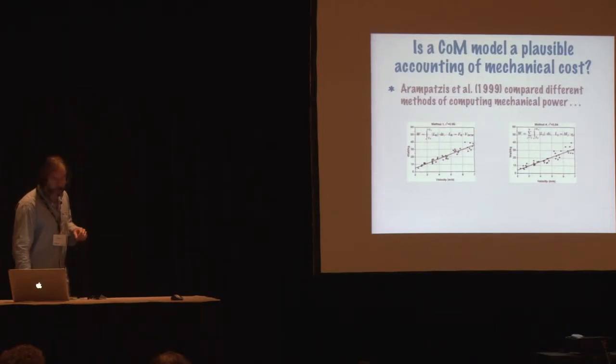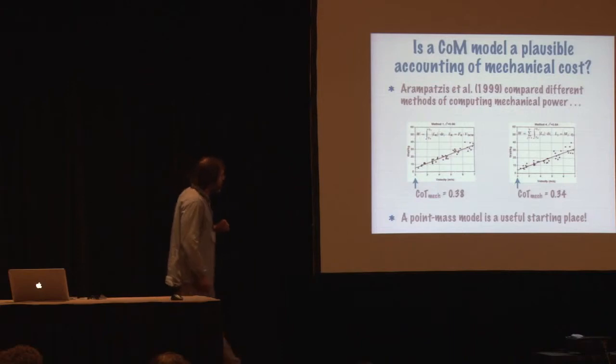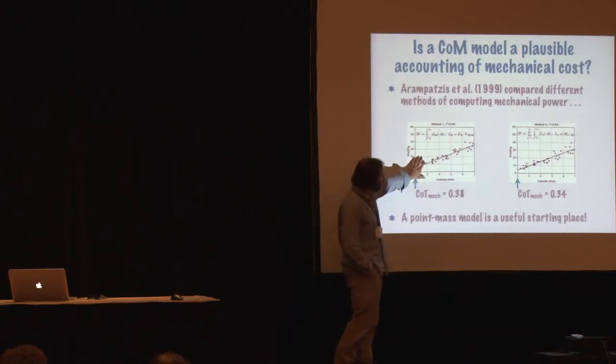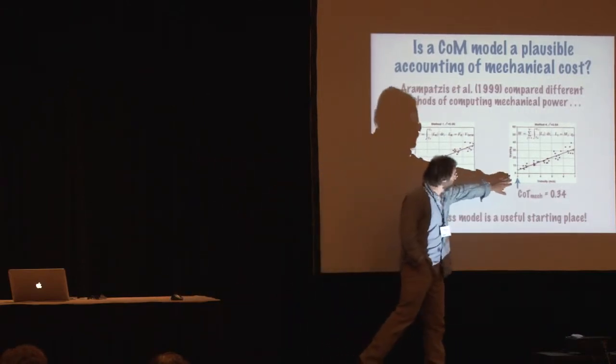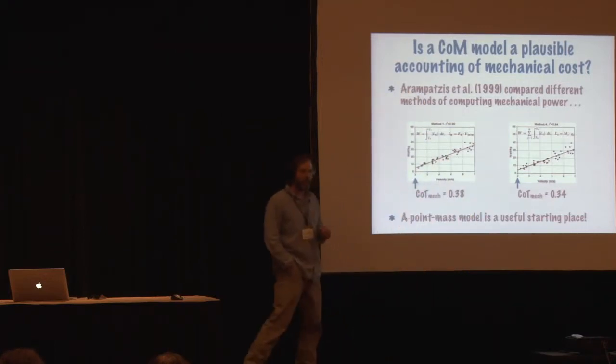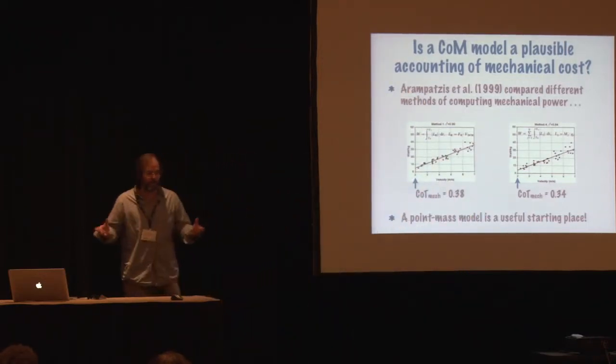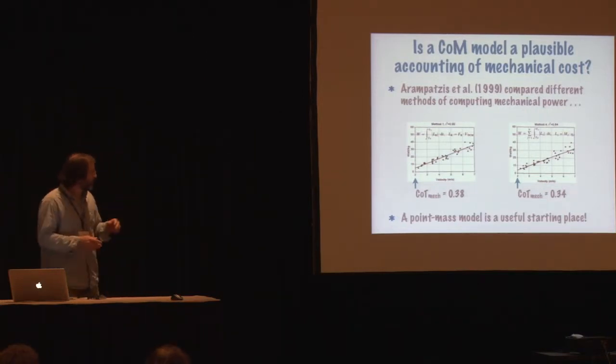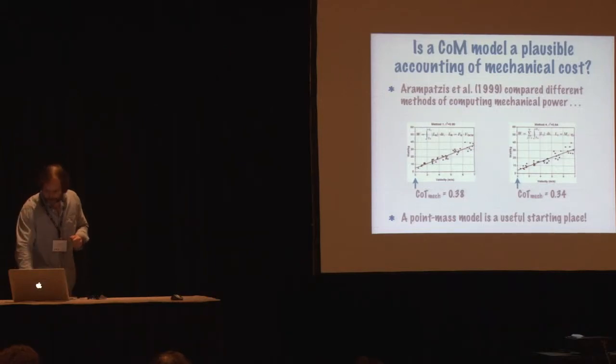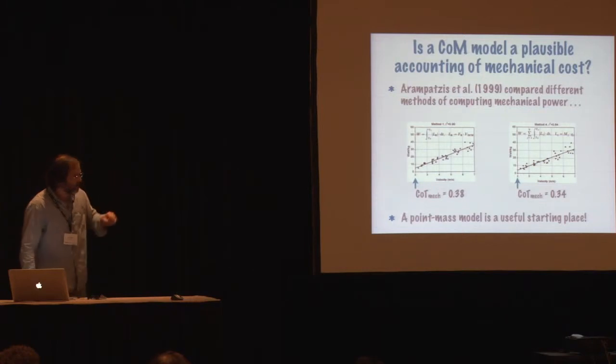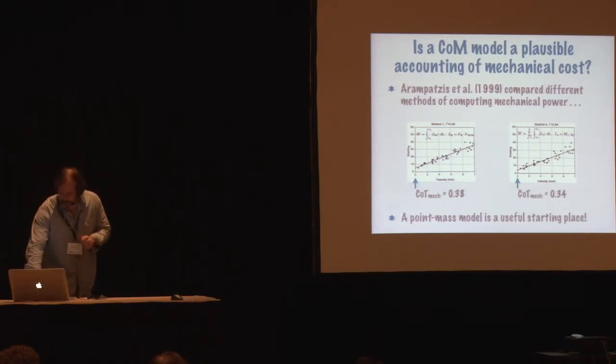The y-axis is mechanical power per kilogram, and speed is on the x-axis. And we can calculate out of that a cost of transport. This cost of transport came from the center of mass approach. This one came from the inverse dynamics approach, looking at the individual power of every joint. So as you see, they come out close. In fact, for some reason, the approach looking at the joint powers gave a lower cost of transport in this analysis. So we think it's a reasonable starting place to look at a center of mass model.